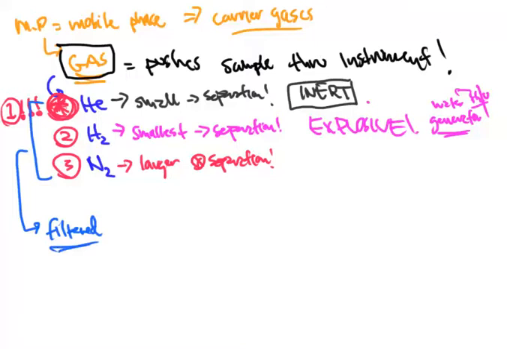They either have to be filtered by the person that you order the gas from, or they have to be filtered what we call inline before it goes into the GC system itself. And this is why. All of these gases have contaminants. This is no surprise, right? Everything's got contaminants. Everything is dirty, and we've got to clean it up.